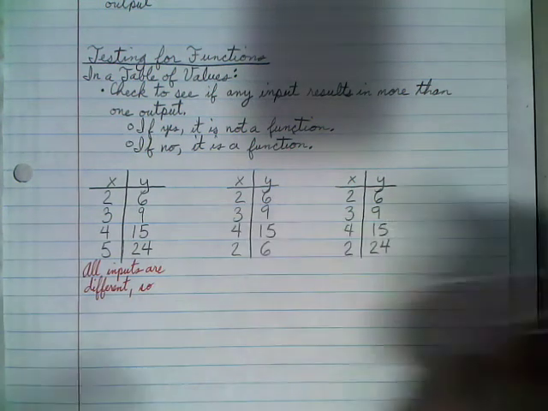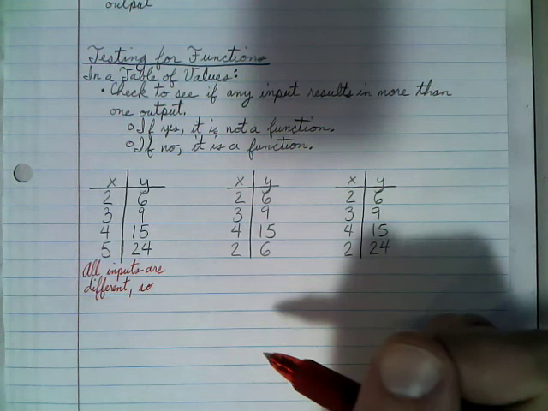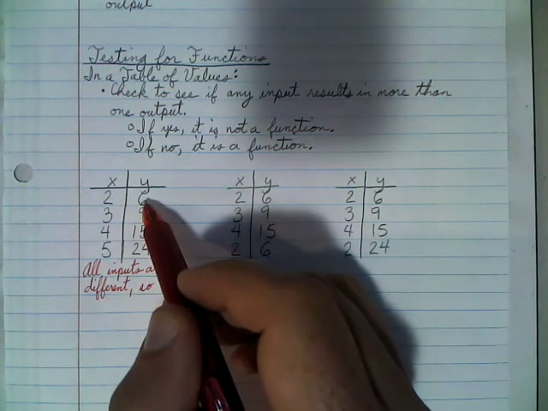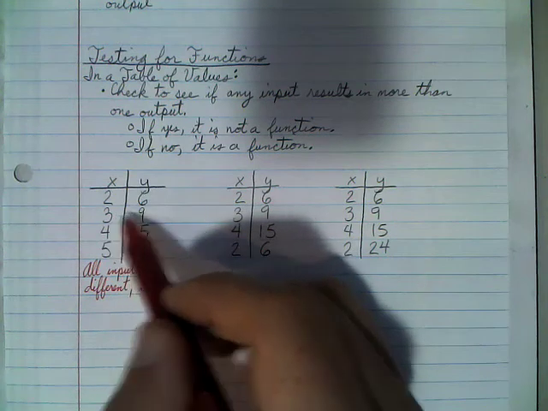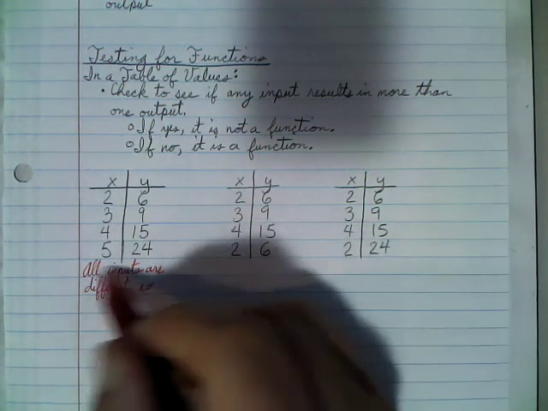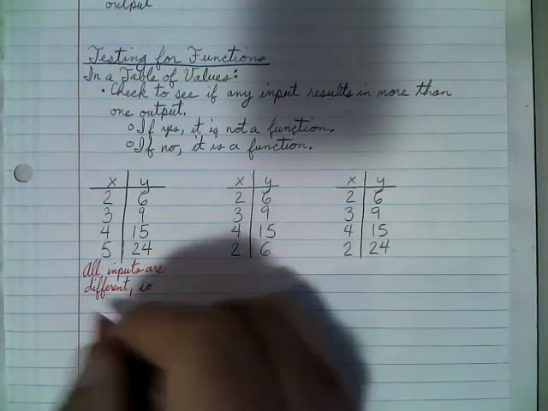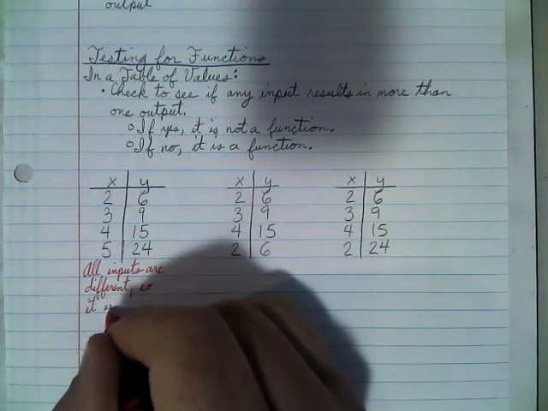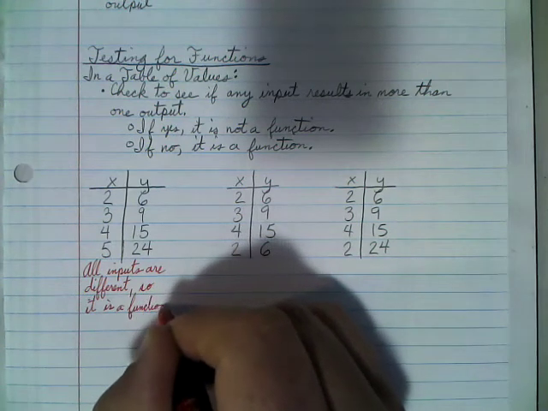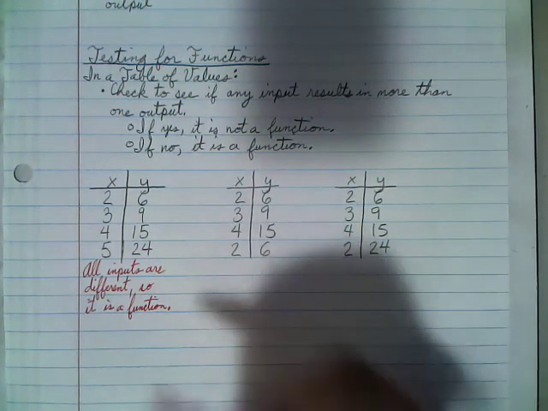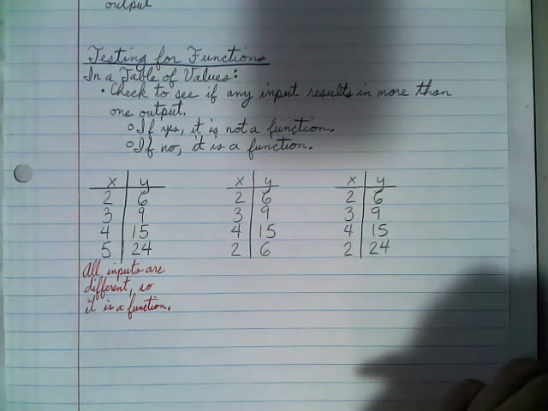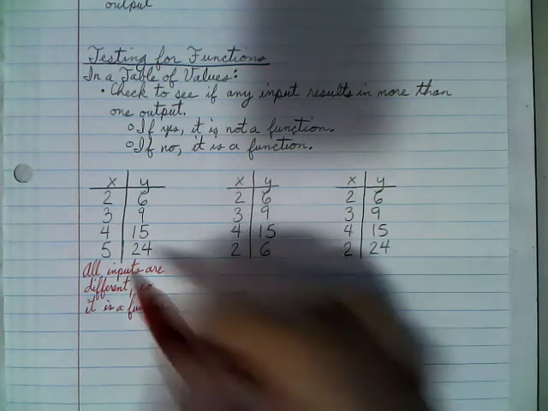If they're all different, then is there any place where 2 is coming out with something other than 6, or where 3 is coming out with something other than 9? No. So all inputs are different, so it is a function. There's nowhere where I can find an input that results in more than one output, because each input is just in there once.